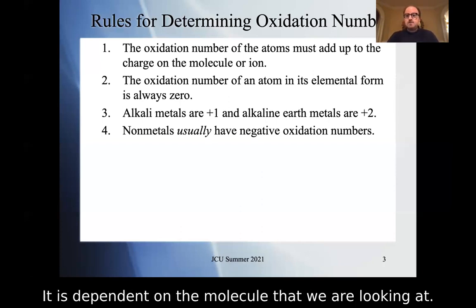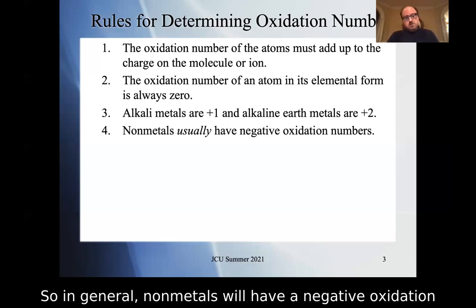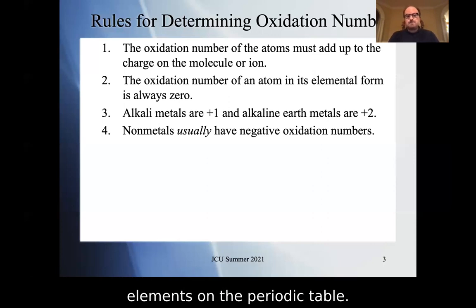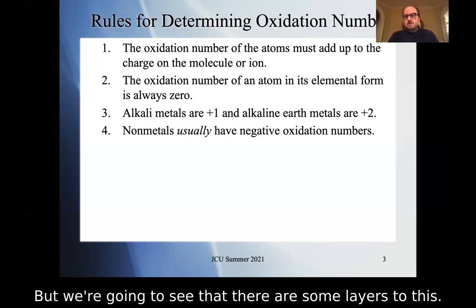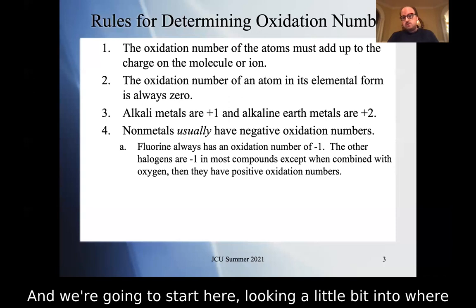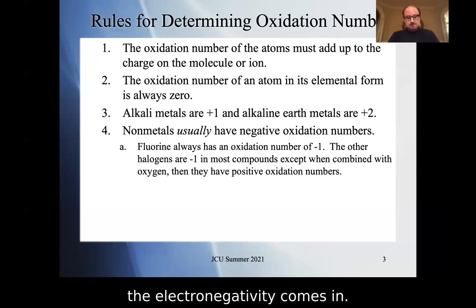It is dependent on the molecule that we are looking at. So in general, nonmetals will have a negative oxidation number, again, because they tend to be the more electronegative elements on the periodic table. But we're going to see that there are some layers to this. And we're going to start here looking a little bit into where the electronegativity comes in.